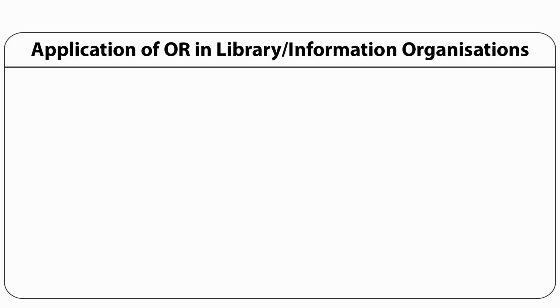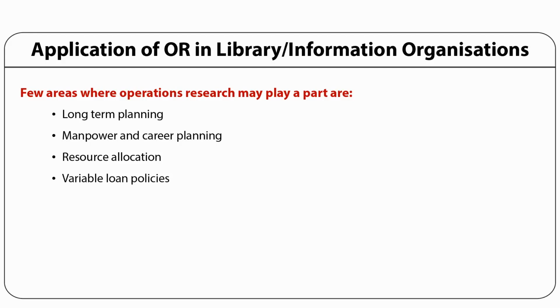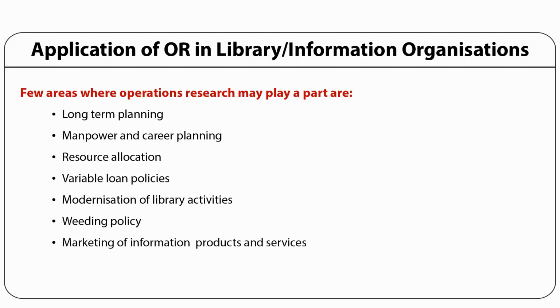and personnel of libraries. Few areas where operations research may play an important part are long-term planning, manpower and career planning, resource allocation, variable loans policy, modernization of library activities, weeding policy, marketing of information products and services, resource sharing and networking, and investment on new facilities.